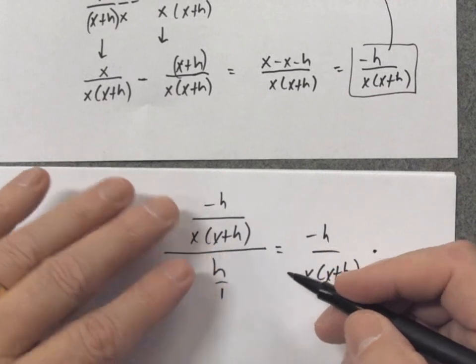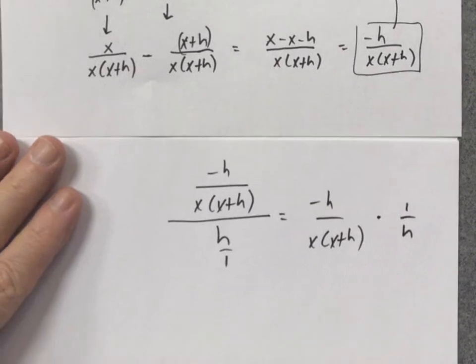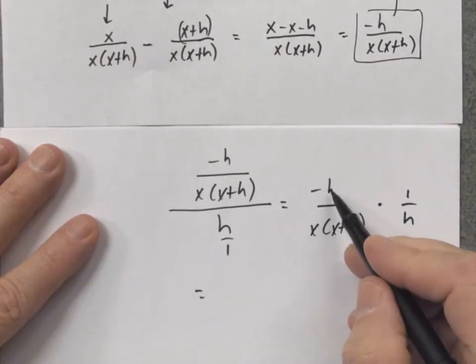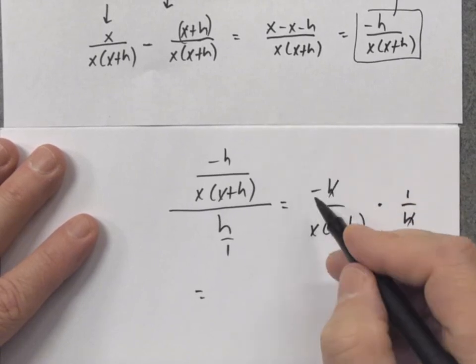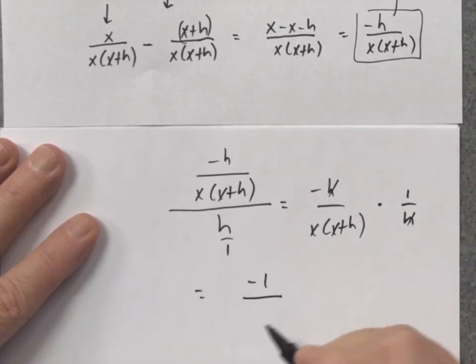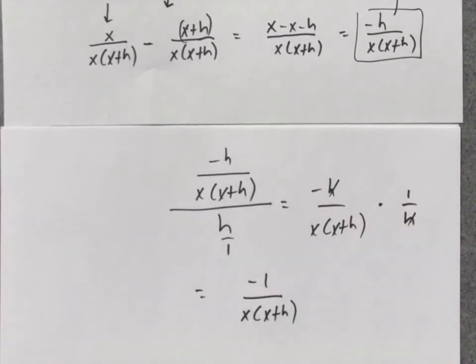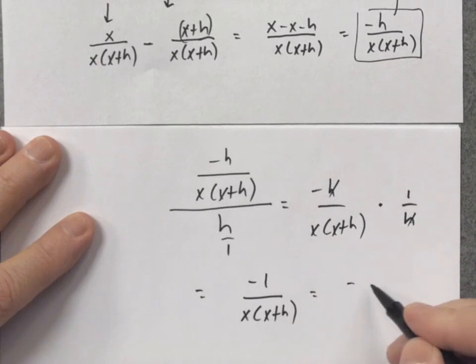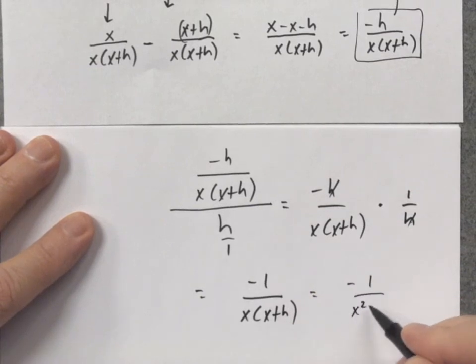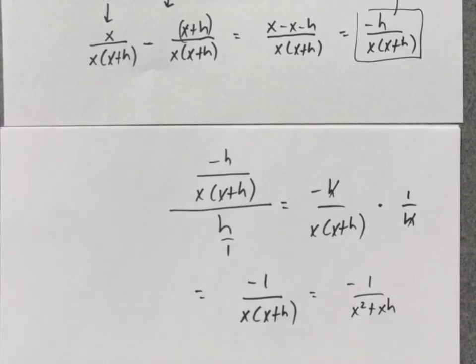So the reciprocal of h over 1 is 1 over h. And then, as it turns out, this h in the top is a factor, this h is a factor. Those cancel out. So I'm left with negative 1 over x times x plus h, and I think in the key, they went ahead and multiplied out this parenthesis, so either one of these answers is correct.